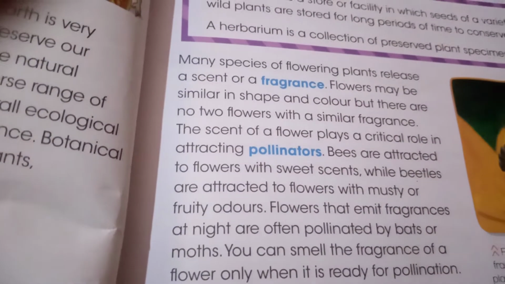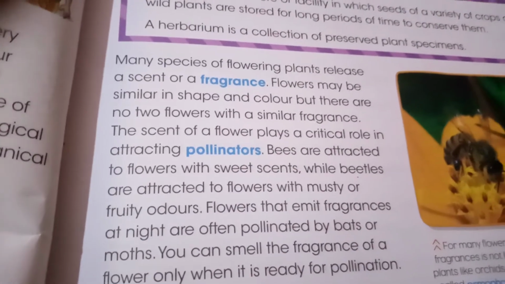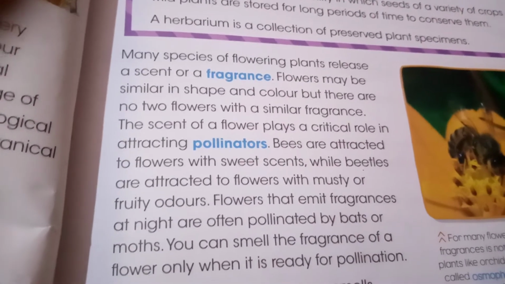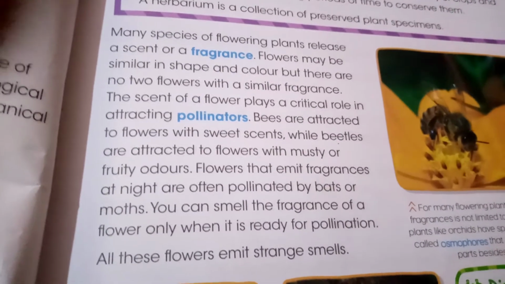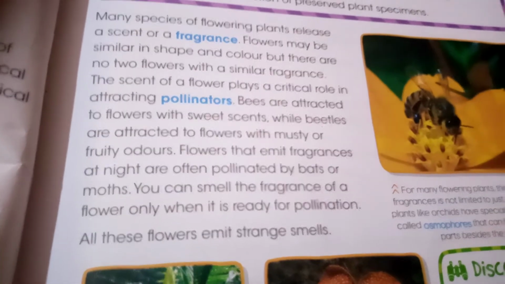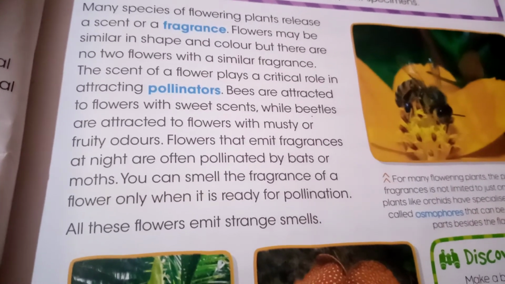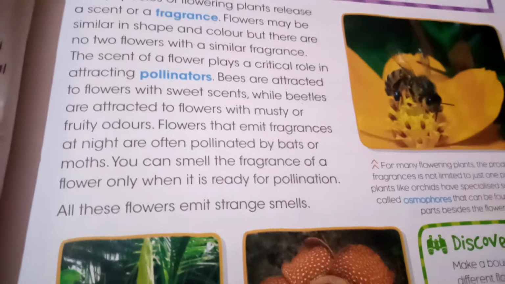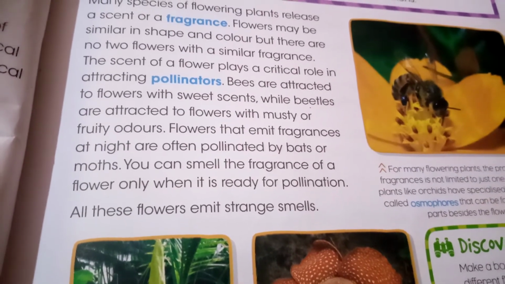So in this reference we studied that we can differentiate between flowers with the help of their scent or fragrance. The smell of different flowers is different, and the fragrance of the flower can attract different insects and bees in pollination. Mostly flowers pollinate at night.